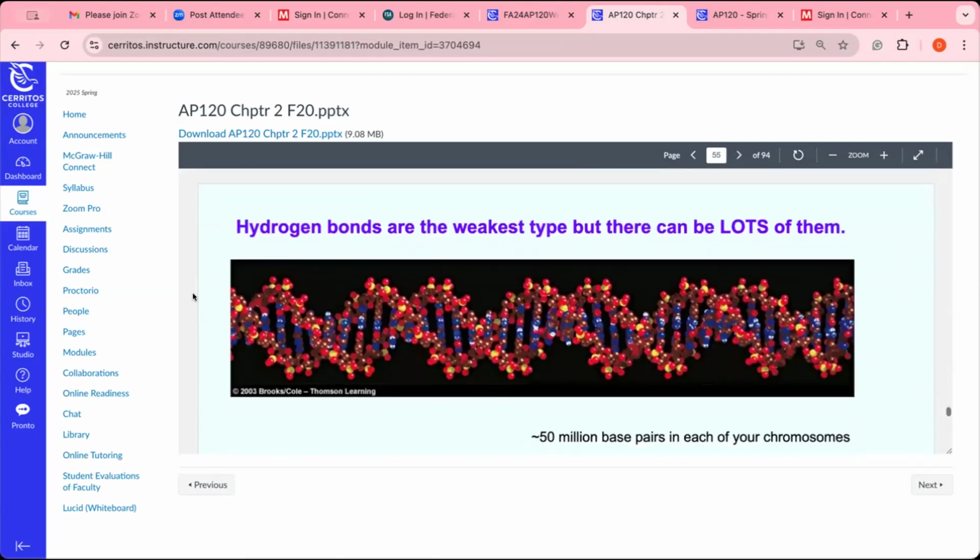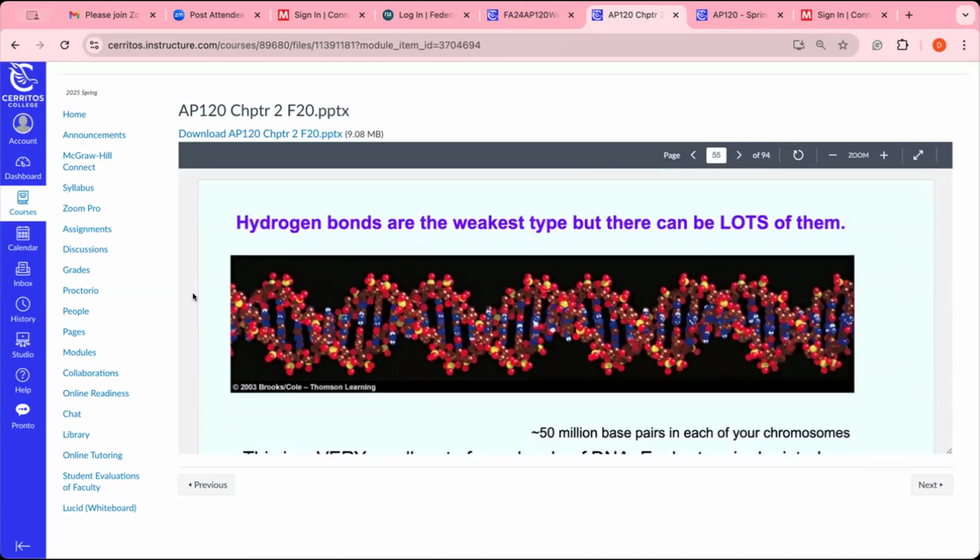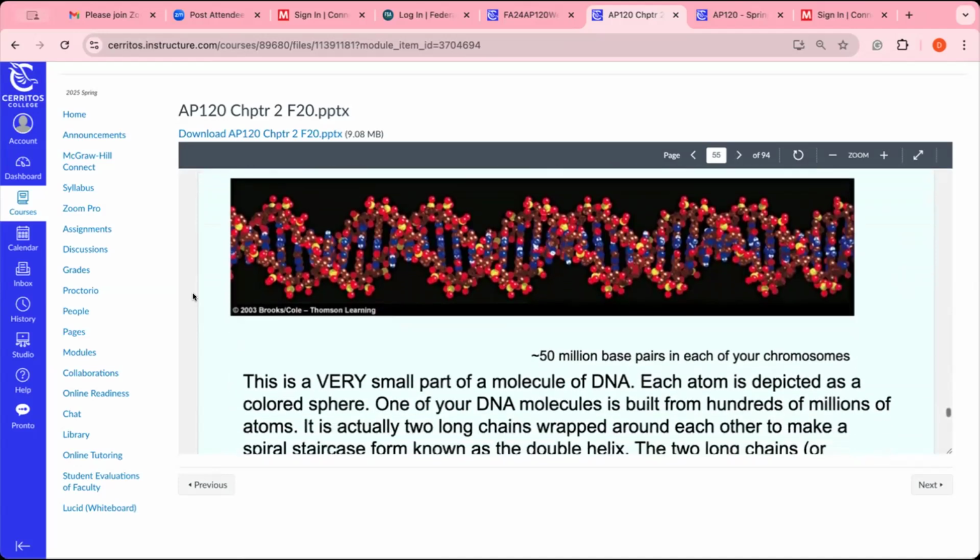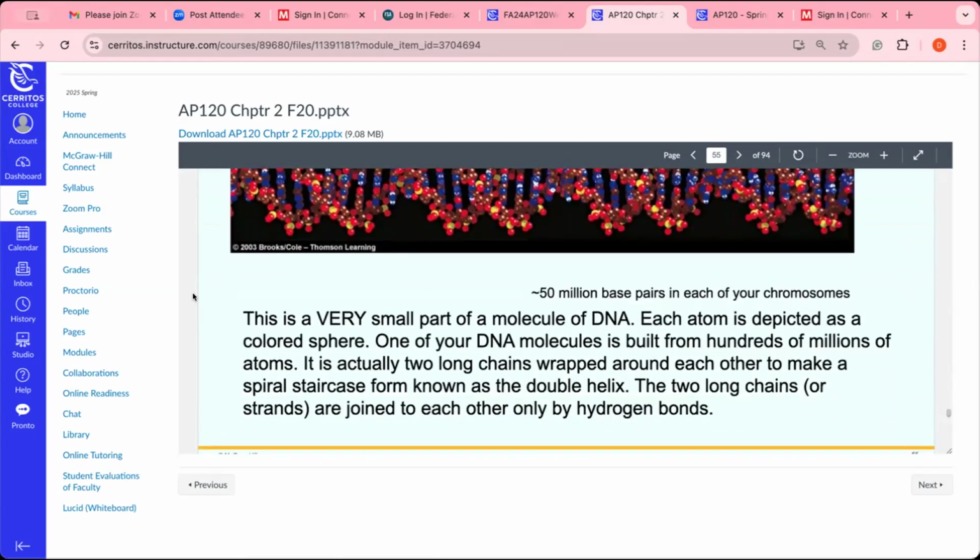Hydrogen bonds are the weakest type, but there can be lots of them, and that's what she's showing you here. This is a very small part of a molecule of DNA. Each molecule is depicted as a colored sphere. So you can see how many different colored beads there are in just this small sphere.